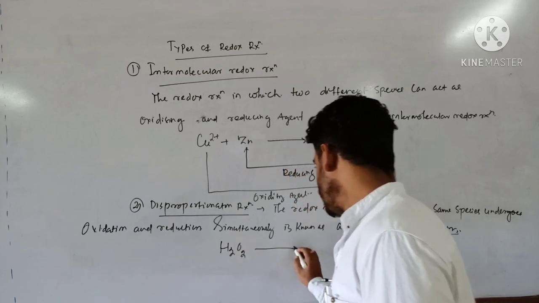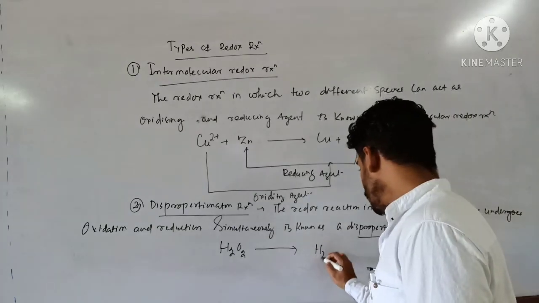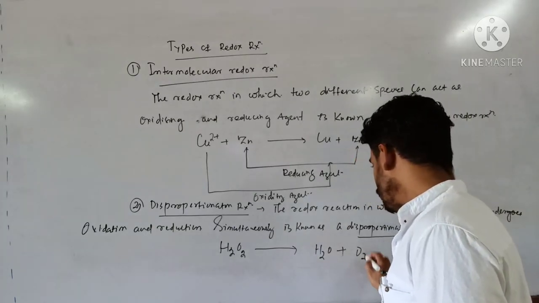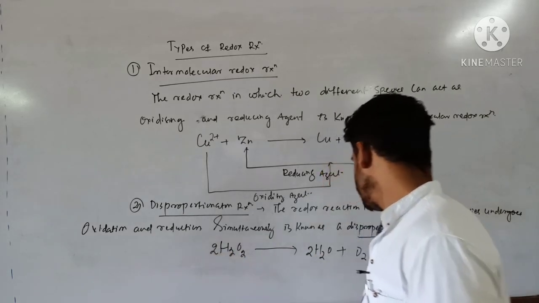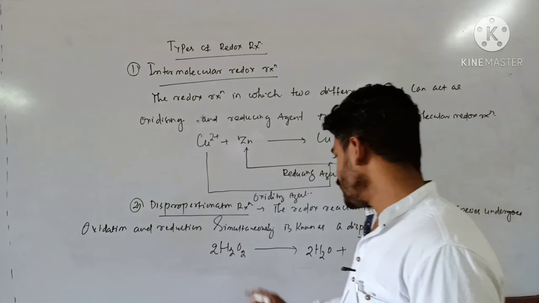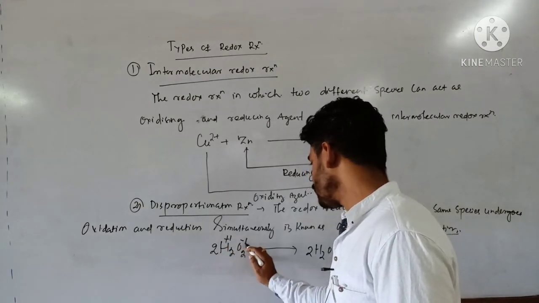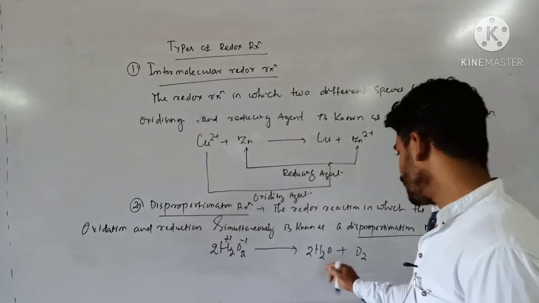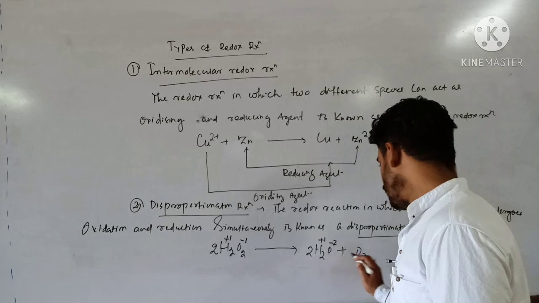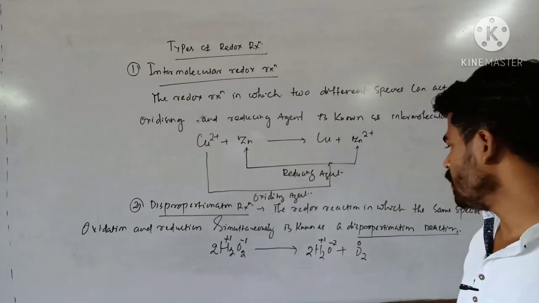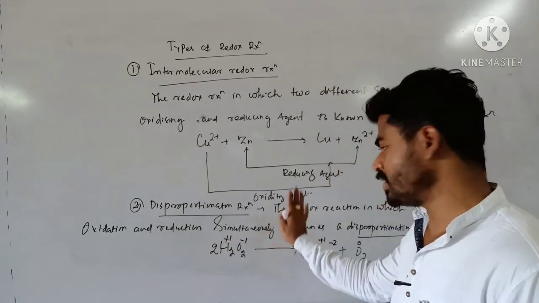So if we consider one example like H2O2, let's say, gets converted into H2O plus O2. So you just balance this one, 2, 2. Clear? So here, what is the oxidation number of hydrogen? +1. Oxidation number of oxygen is -1, because this one is peroxide. But here, oxidation state of hydrogen is +1, in this oxygen that is -2, and this oxygen is 0. Since the oxidation number of hydrogen is +1, there is no change in oxidation number.